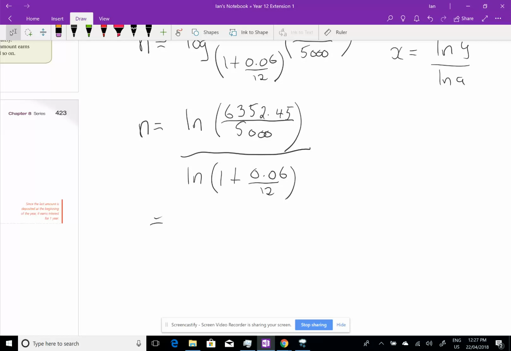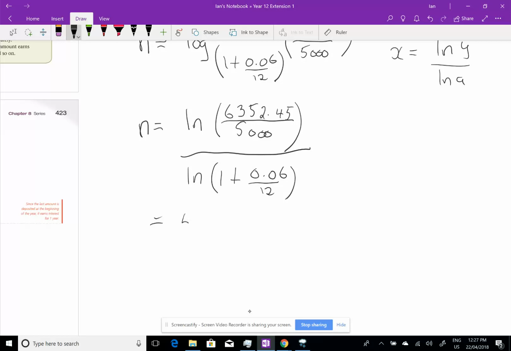So ln 6352.45 divided by 5,000, close my bracket, divided by ln 1 plus 0.06 divided by 12.